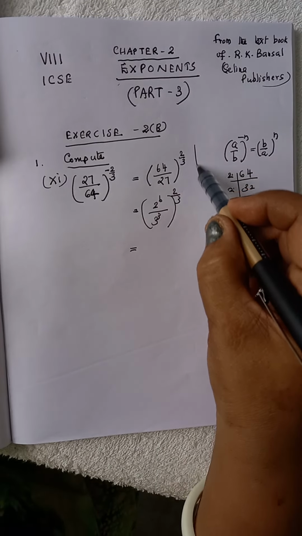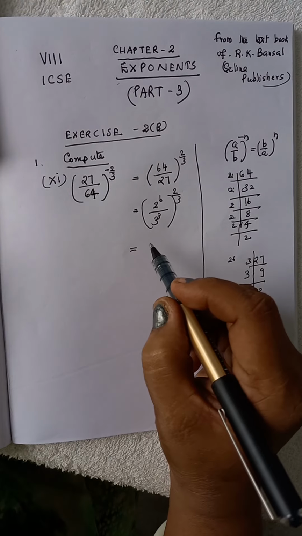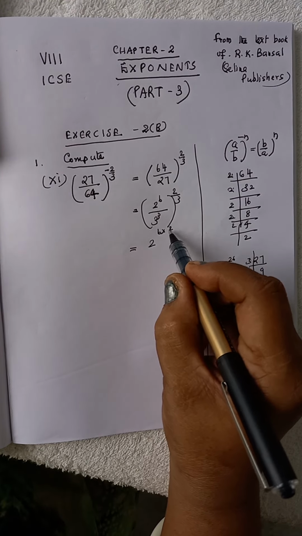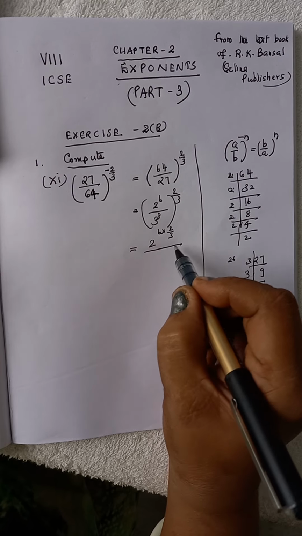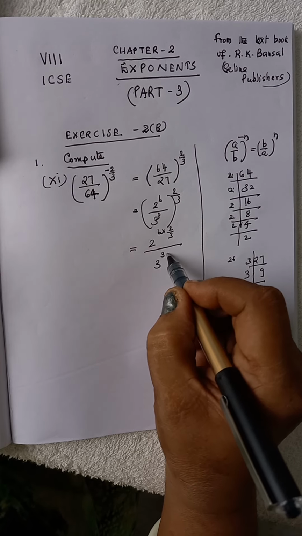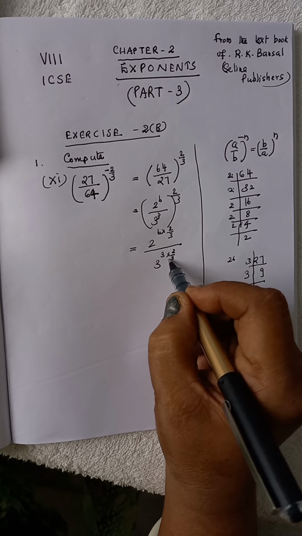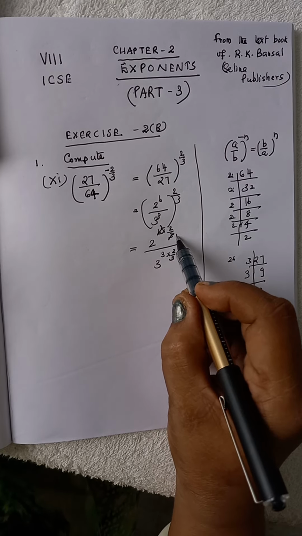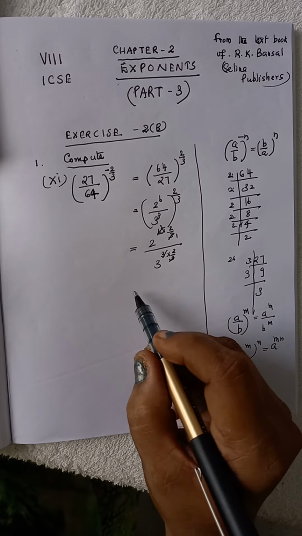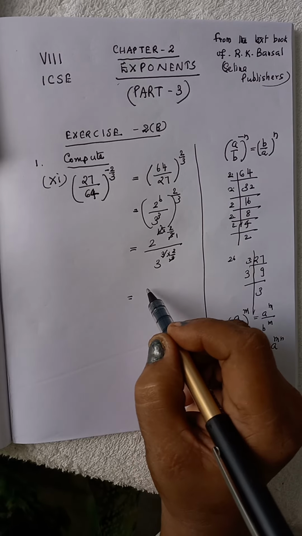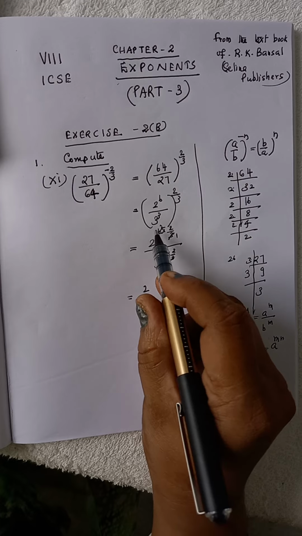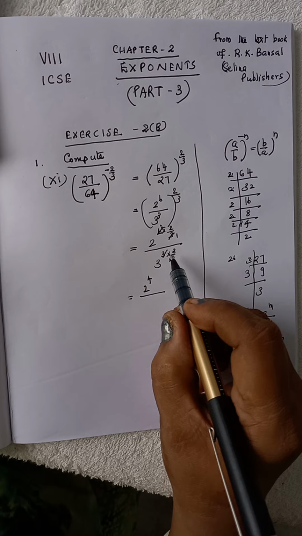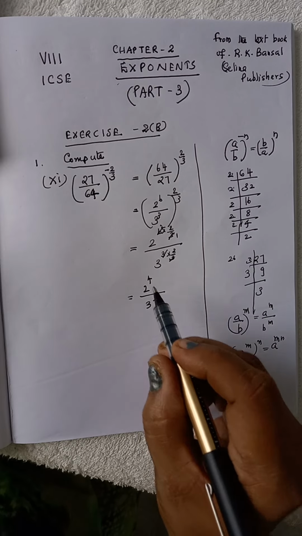So this is 2 raised to 6 into 2/3, divided by 3 raised to 3 into 2/3. Now we can cancel the 3s, here 3 and 3 cancel. So this is equal to 2 raised to 2 into 2, 4, divided by 3 raised to 2.